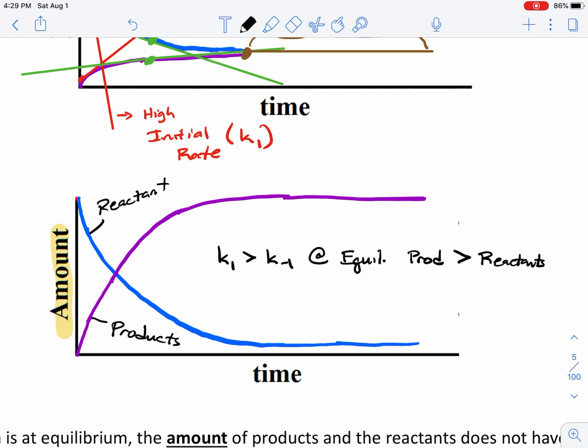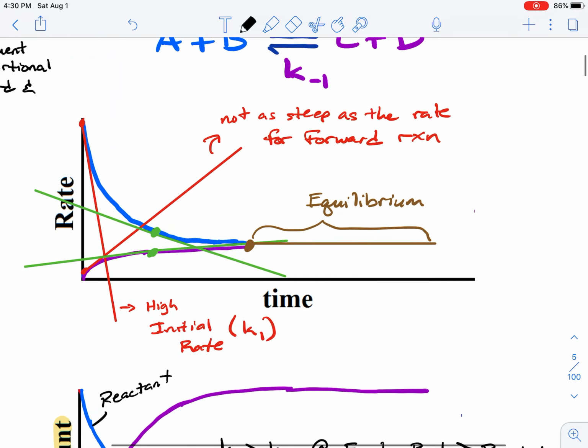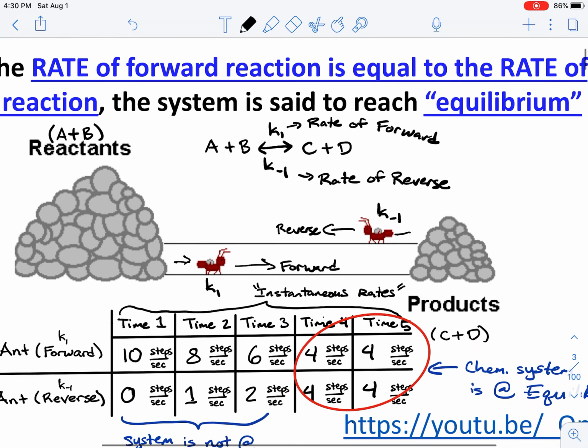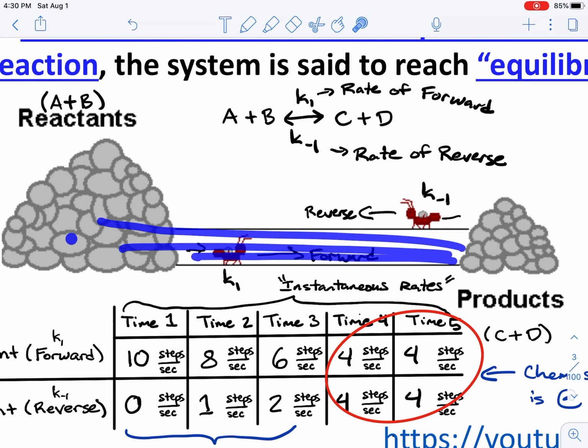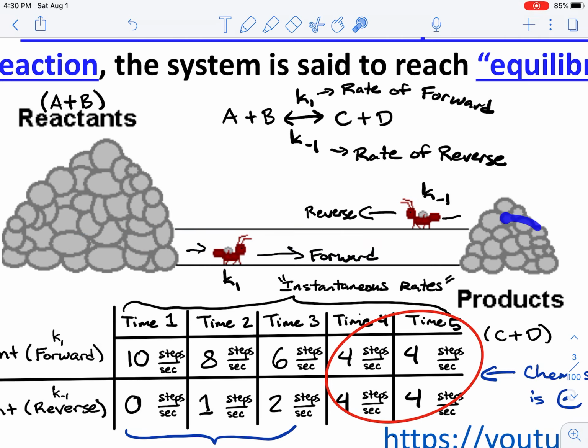If the forward reaction is happening much faster, I'll go back to the ant picture, then this ant is able to transport more reactants into the product pile. And so we should have more products when the system has reached equilibrium compared to reactants.